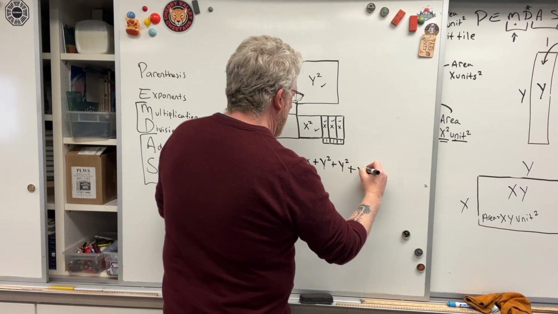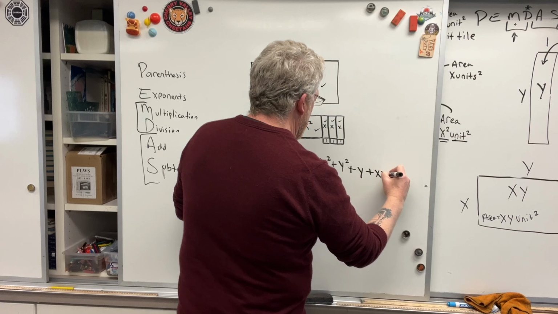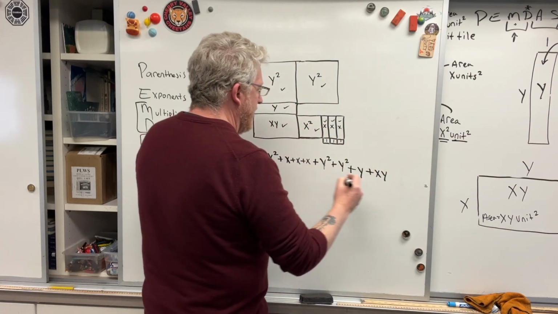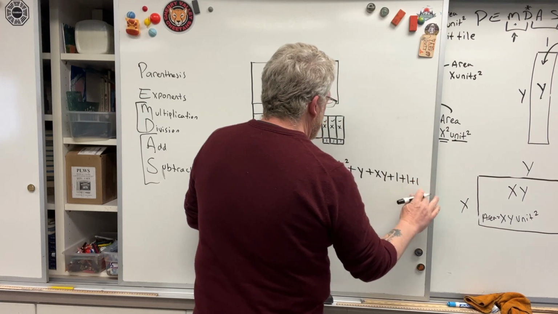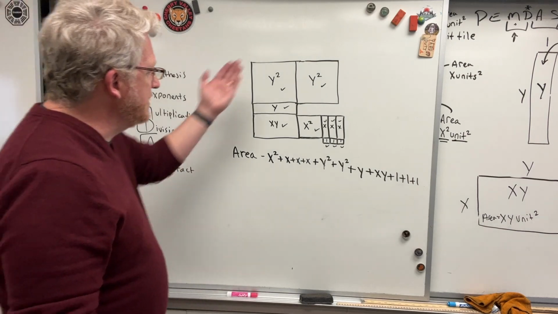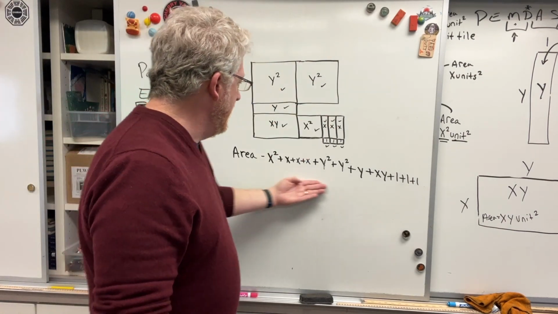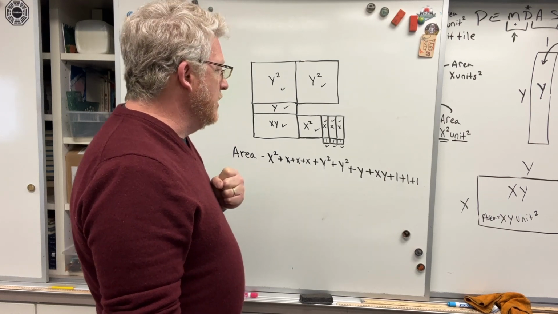Plus y. That takes care of that guy. Plus xy. That takes care of that guy. Plus 1 plus 1 plus 1. That takes care of that guy and that guy. All right, all my tiles are covered here in this long expression that's stringing them along.